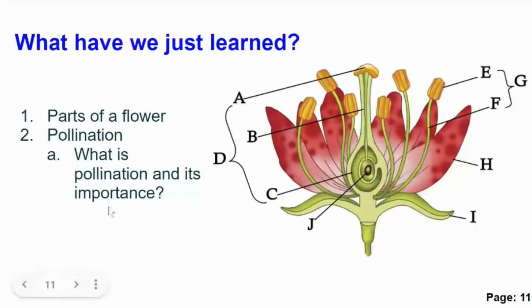It creates new plants, right? So can the sexual reproduction of flowering plants occur without pollination?